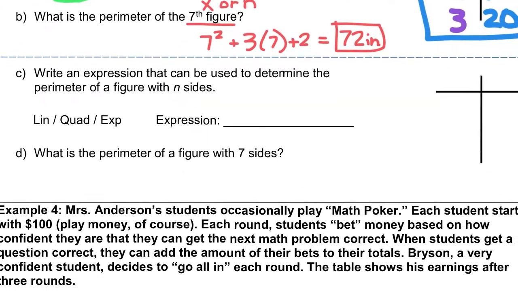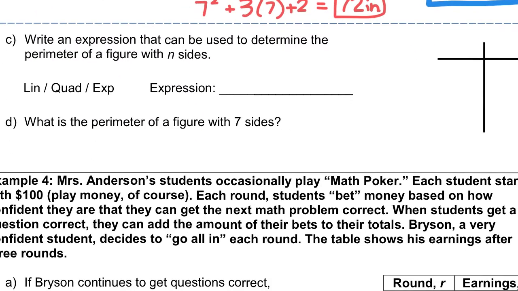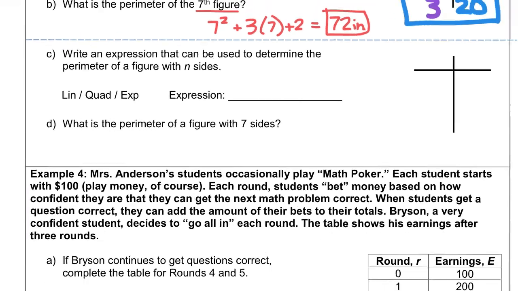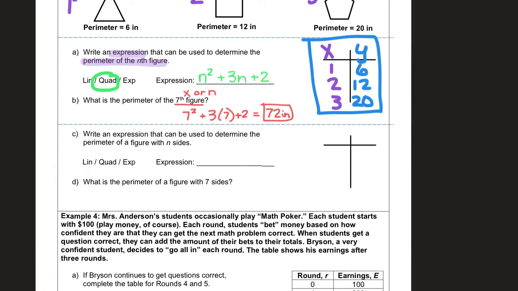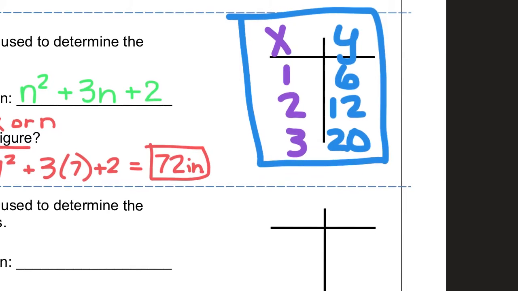Let's look at letter C. Write an expression that can be used to determine the perimeter of a figure with n sides. Well, you might be wondering how that's different than what we've already done. Look at A. It says write an expression that can be used to determine the perimeter of the nth figure.